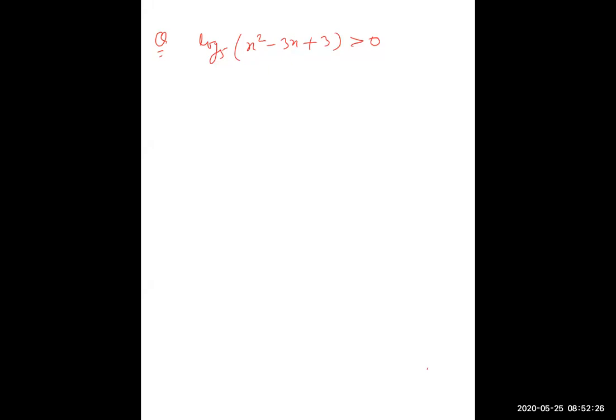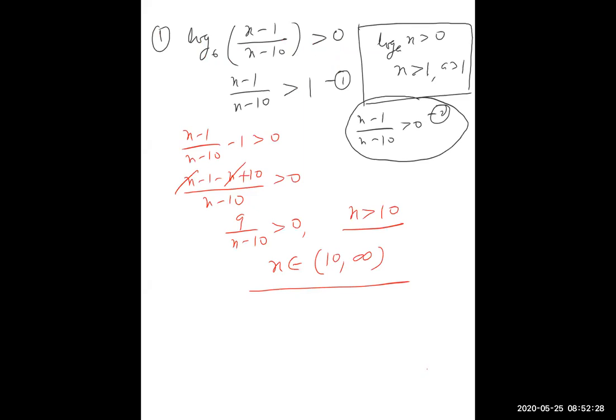Okay, one more thing here. In the previous problem, if I ask you one more question here, less than 0, to solve log 6. That's also, see, it is also a very interesting problem. Log 6 of x minus 1 upon x minus 10 less than 0.